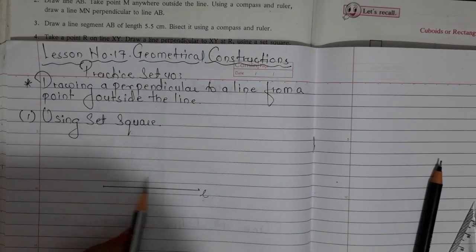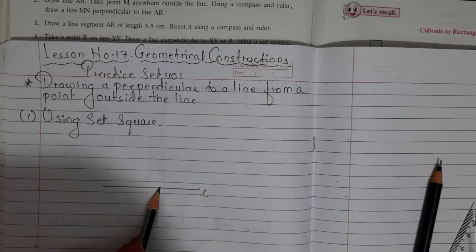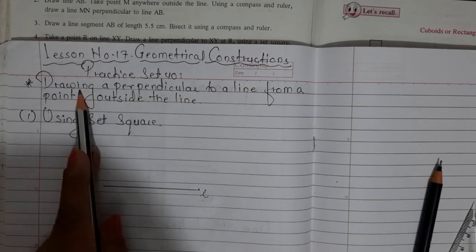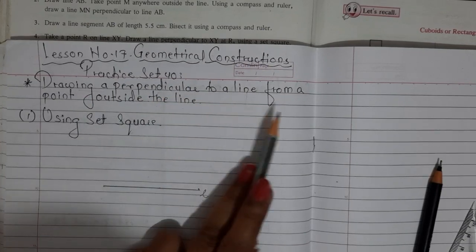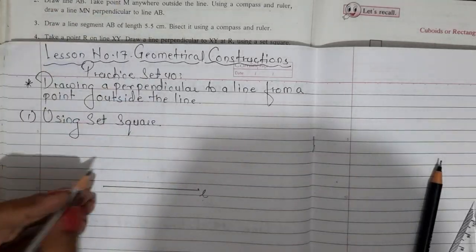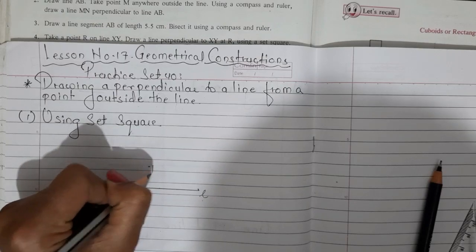In the previous lecture we took the point on the line, but today we have to learn to draw a perpendicular line by taking a point outside the line. So you will take point P anywhere outside line L. I will take point P here.